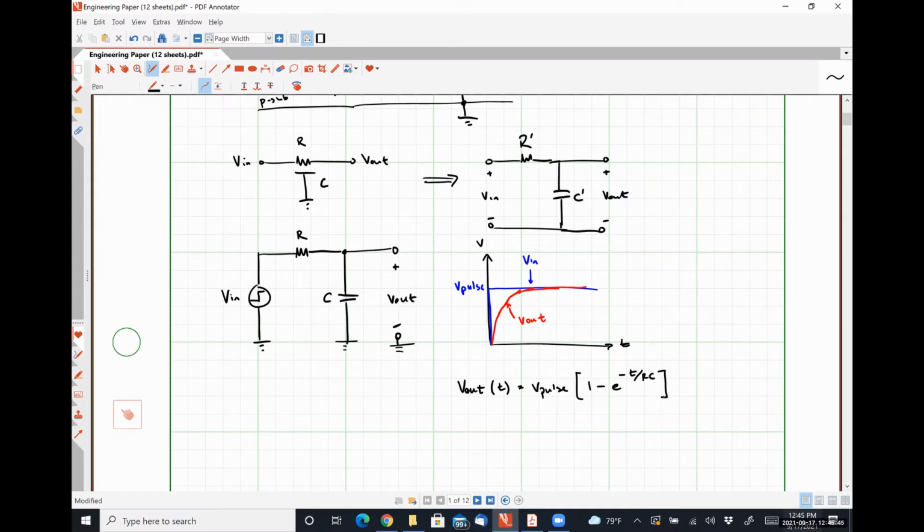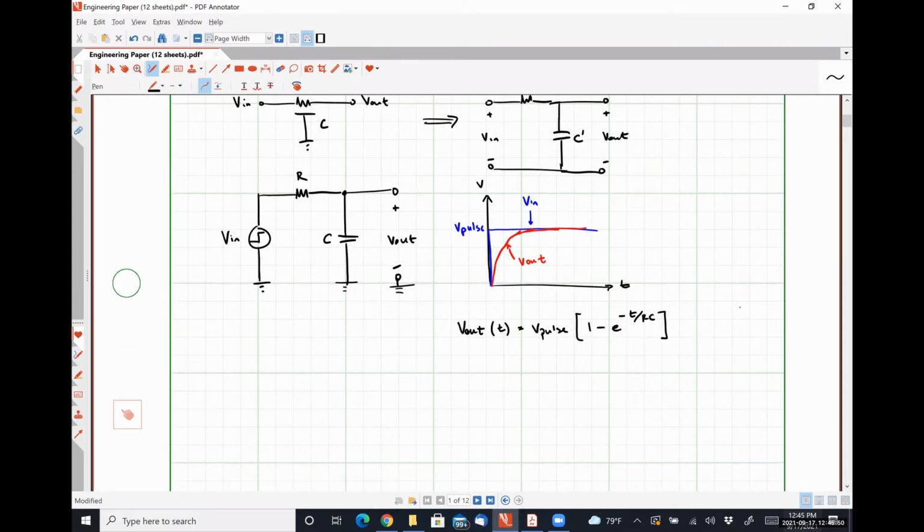All right. So we're going to define a couple of things here. The first thing that we're going to define is the delay time.